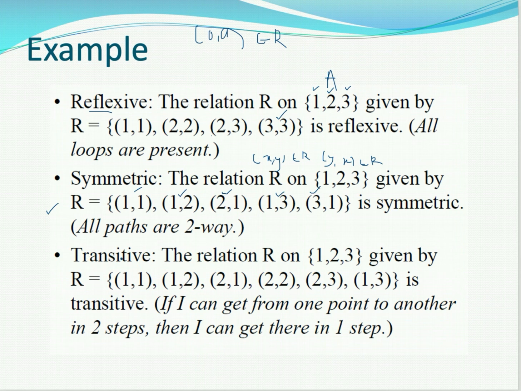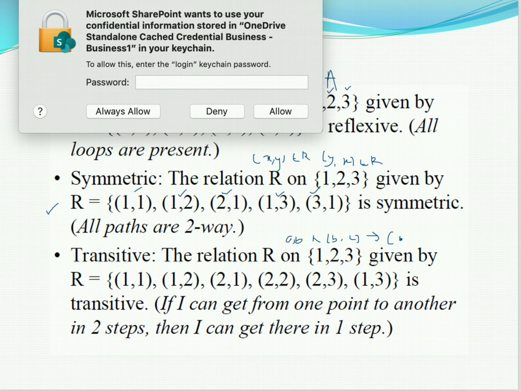So transitive. Again, we use the same set here. The transitive is when pair AB and pair BC, then AC. Right? AC.